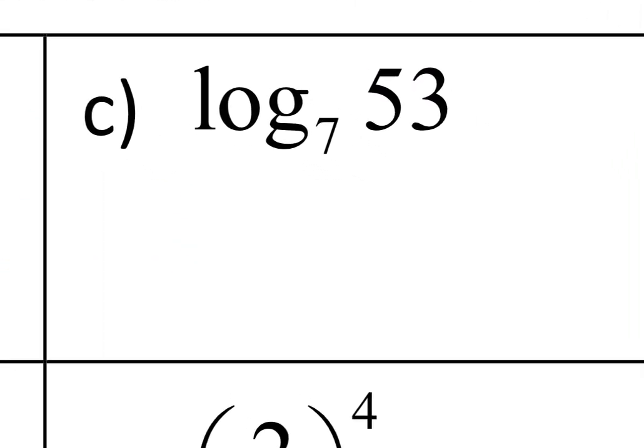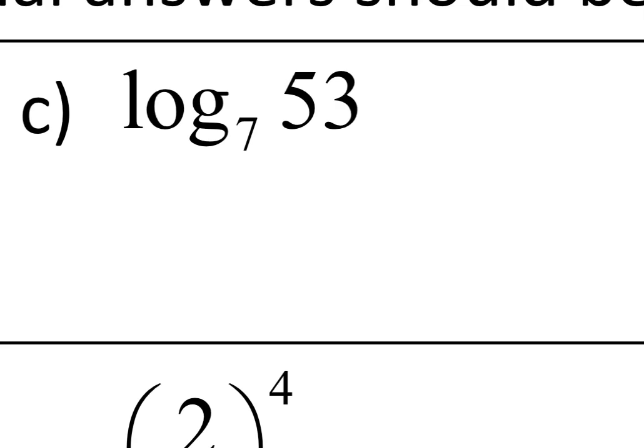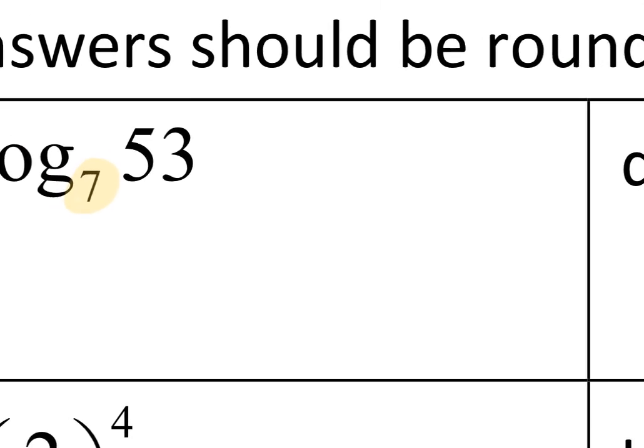Now, for the logarithms that have a base other than 10 or the natural logarithm, when you see a number written here, you're going to need to use a few more key presses. And so to get that, you want to press alpha, which is that green button higher up on the left.